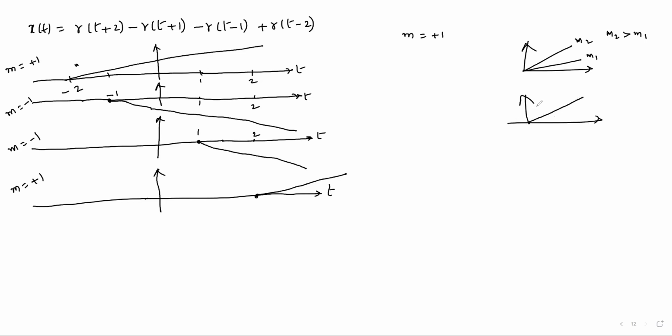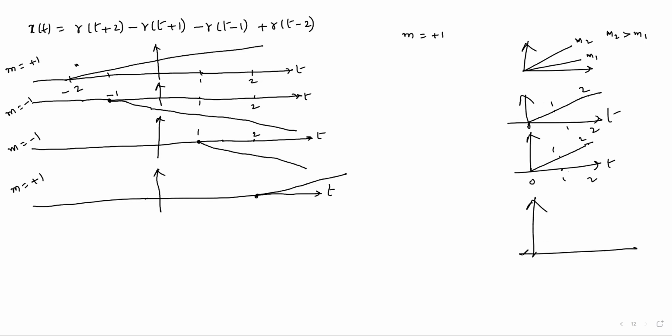If you add two ramp signals, what will we get? Just observe. From 0 to 1, this is 1, this is 2. We add these two signals, what will we get?